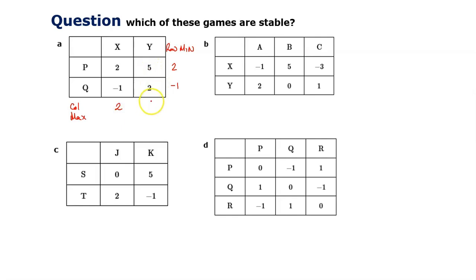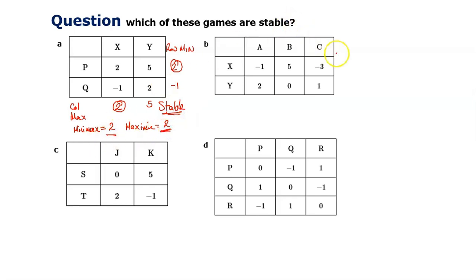The maximum of this is 5. So my mini max, minimum of my maximums, is 2, and that's that one. And my maxi min, maximum of my minimums, is 2. Now this therefore is a stable game because the two answers were the same. That's what we're looking for.